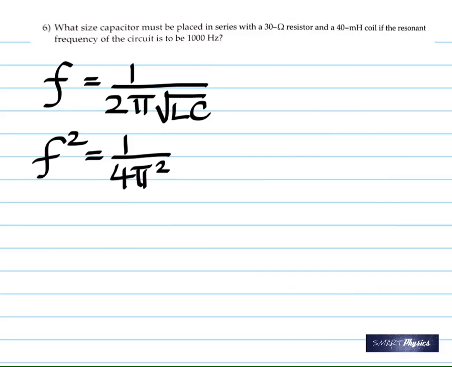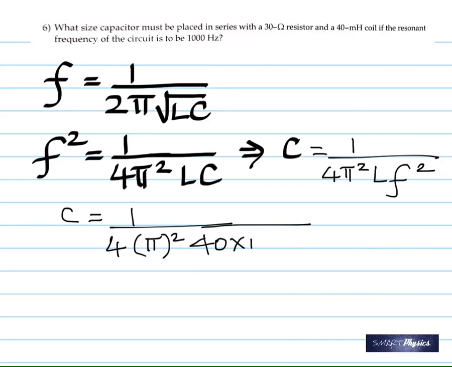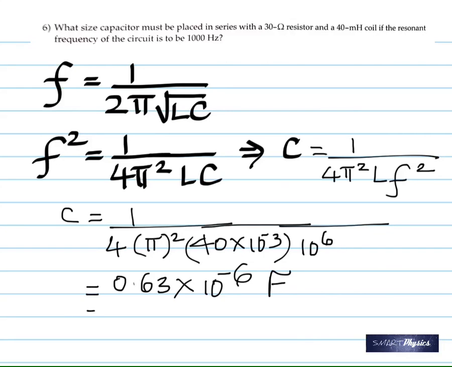Square both sides and rearrange to make C the subject, and then substitute the values. The inductance is 40 millihenry, that's why it's 40 times 10 to the negative 3. And f squared is 10 to the 6. You get 0.63 microfarad.